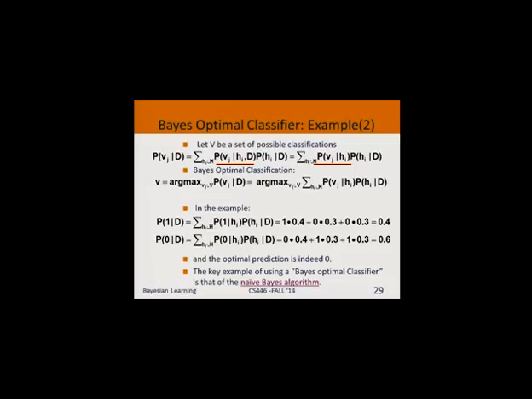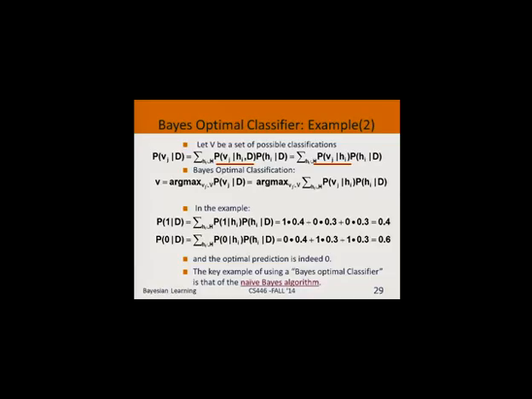Basically what I'm doing is writing this as the sum over all possible H's of P of V given H and D, times P of H given D. This is always true, right? This is just the total probability formula. Notice, by the way, that I can simplify this a little bit, and instead of this term, I can write P of V given H. Why is that?